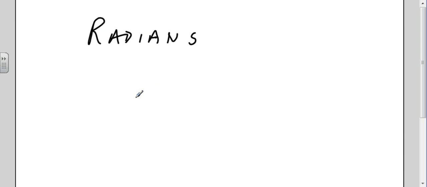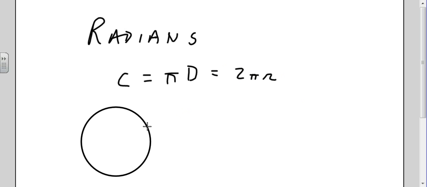All right, so we do have a formula. If we remember that the circumference of a circle is pi d, or it's 2 pi r. So now if I look at a circle, and I want to know how far it is around for some sector of the circle, that's going to be r theta, where theta is in radians.